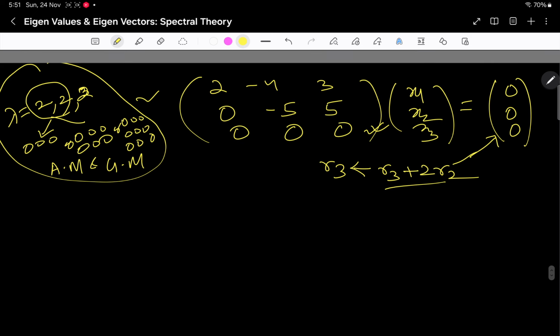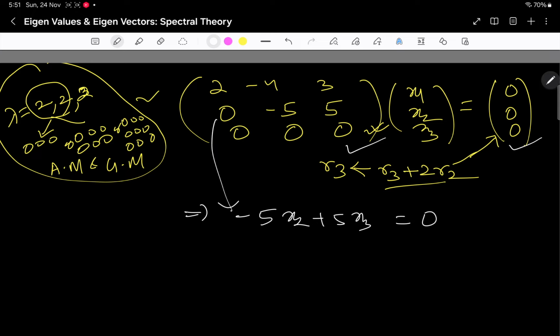So now I adopt the back substitution technique. Let me solve it. The last row, 0 equals 0, is fine. The middle row gives minus 5x2 plus 5x3 is equal to 0, and the first row gives 2x1 minus 4x2 plus 3x3 is equal to 0.